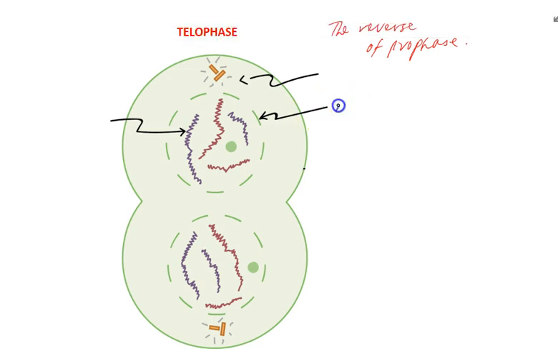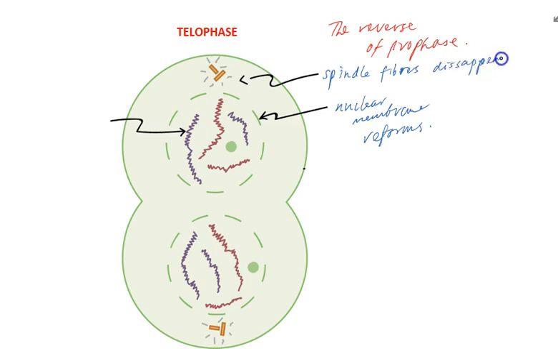So nuclear membrane reforms. We see the spindle fibers starting to grow during prophase, but during telophase, we see the spindle fibers disappearing. And we see the decondensing of the chromosomes. So chromosomes decondense.